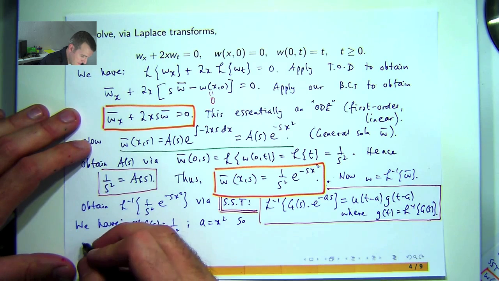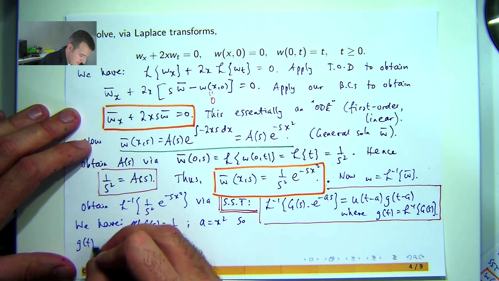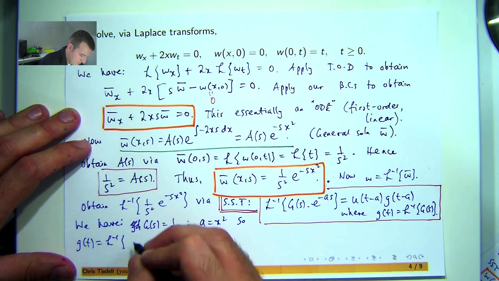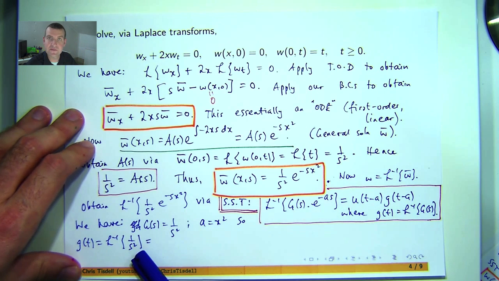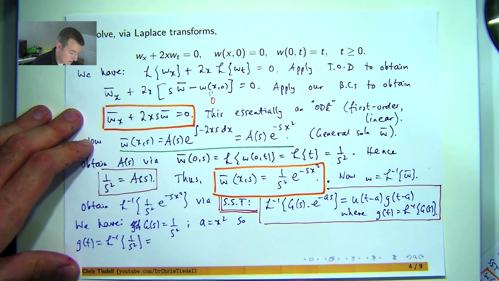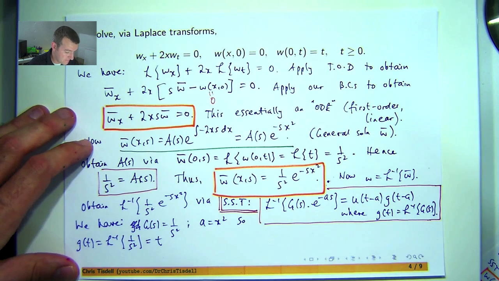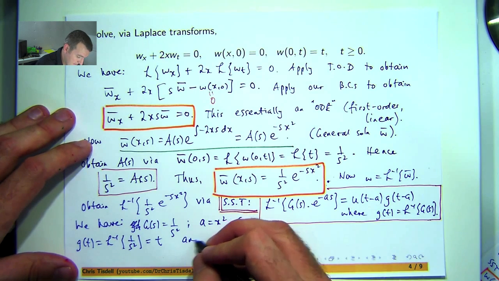Okay, so g of t equals the inverse transform of 1 on s squared. Now the inverse transform of 1 on s squared is t. You can look that up from a table.